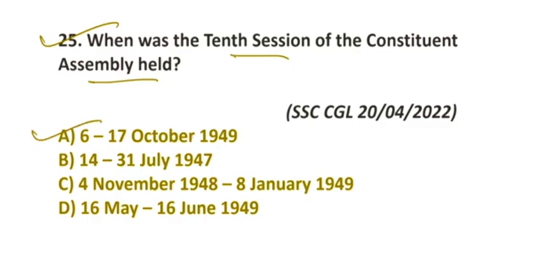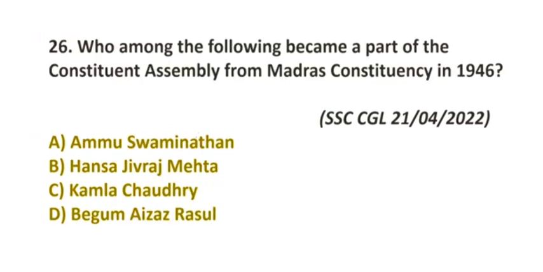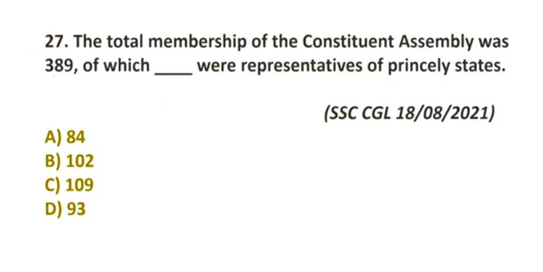Option number A, 6 to 17 October 1949. Question number 26. Who among the following became a part of the Constituent Assembly from Madras constituency in 1946? Option number A, Ammu Swaminathan is the correct answer.